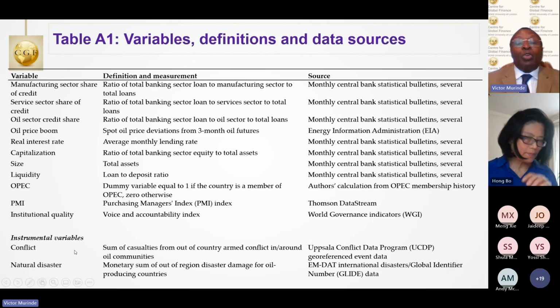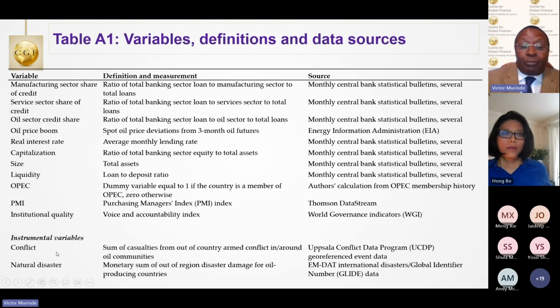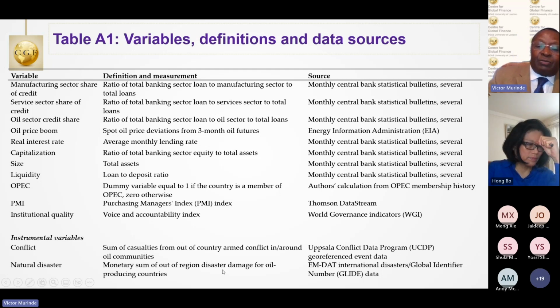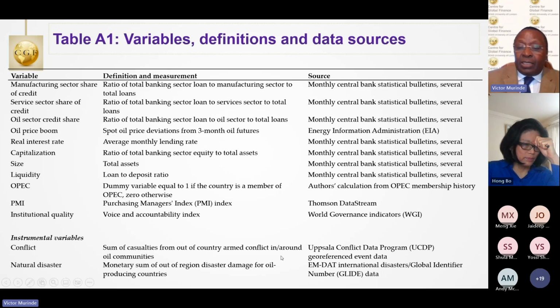The instrumental variables I highlighted a minute ago are two: conflict, the sum of casualties from out-of-country armed conflict around oil communities, and the natural disaster variable, a monetary sum of out-of-region disaster damages for producing countries. The data sources I mentioned earlier are the UCDP and the GLIDE database.